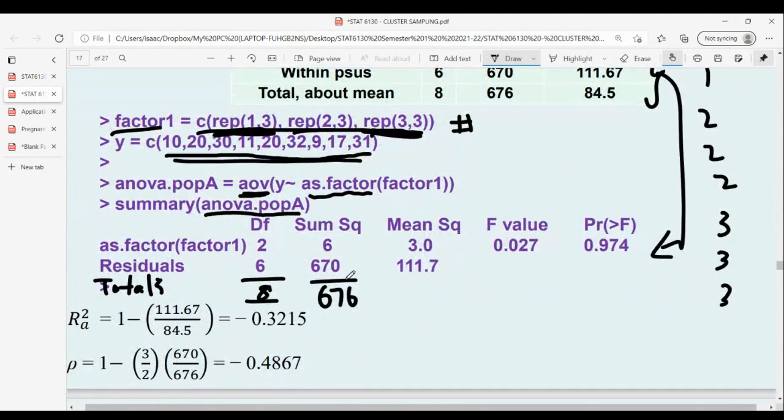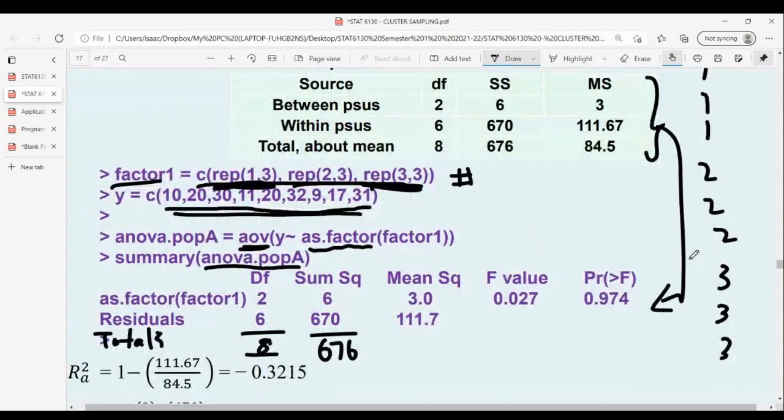From here, we could work out things such as the adjusted R squared and rho. We'll have no problem working out these things from here.